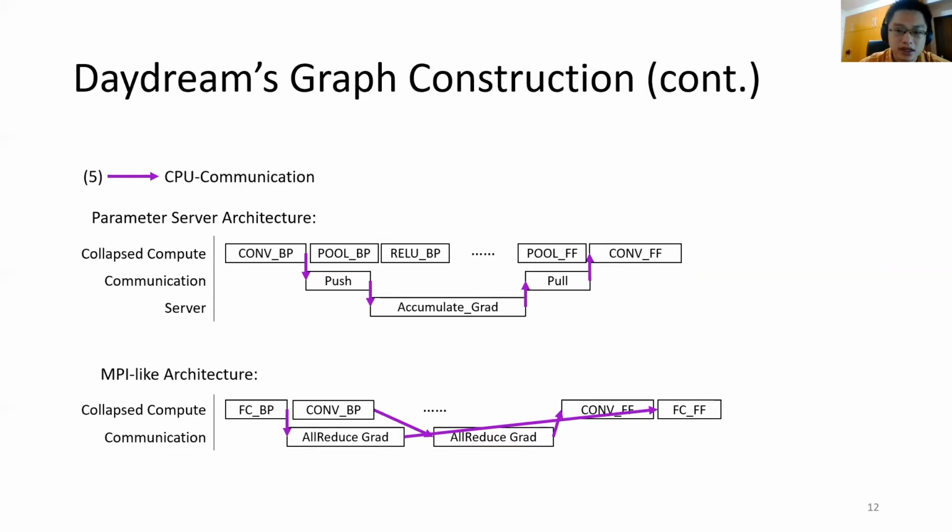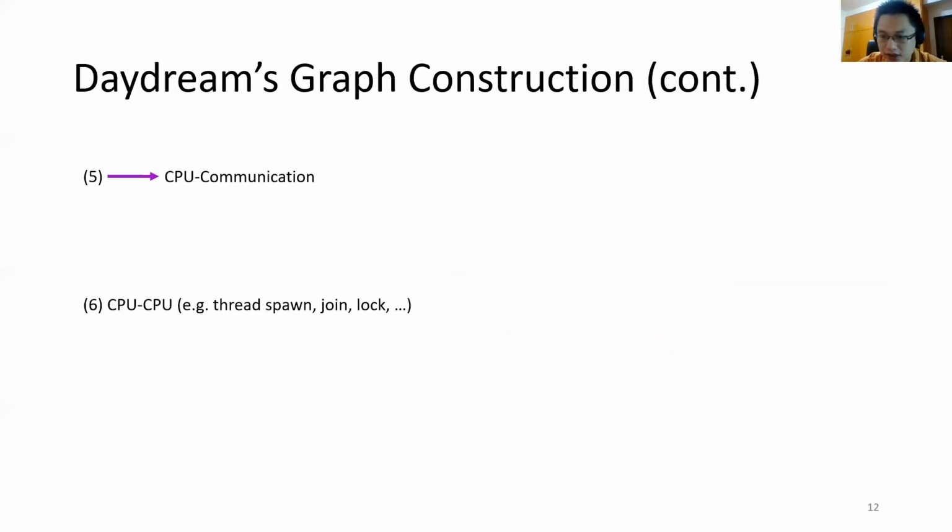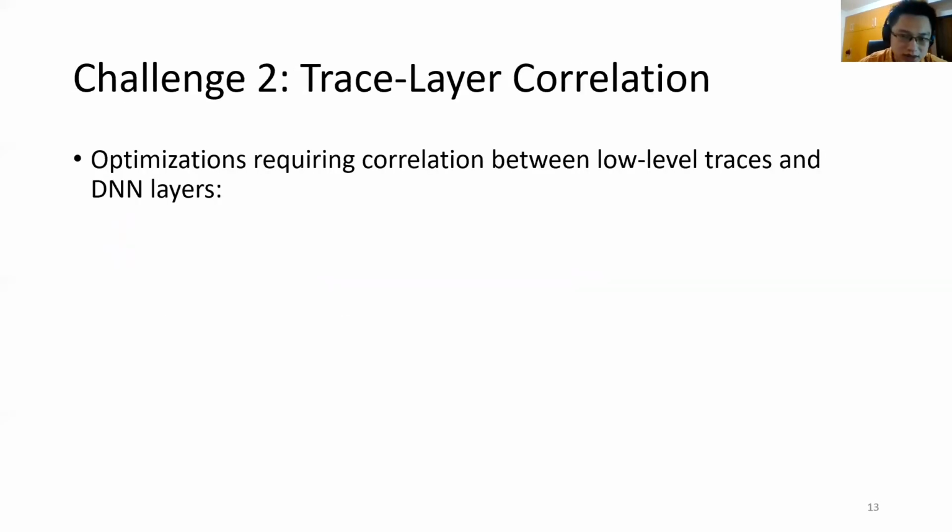And if it is a decentralized architecture, we need to add all-reduce operations. And finally, for completeness, we have CPU to CPU dependencies representing thread spawn, join, the lock, etc. Once we properly construct all 6 types of dependencies, Daydream is able to accurately replay and estimate the runtime.